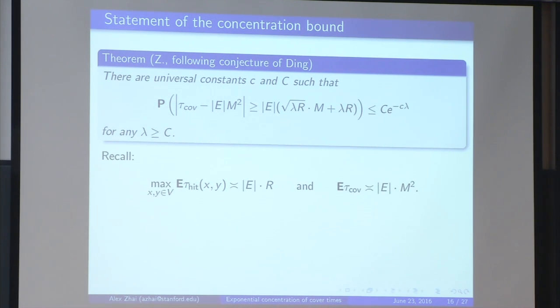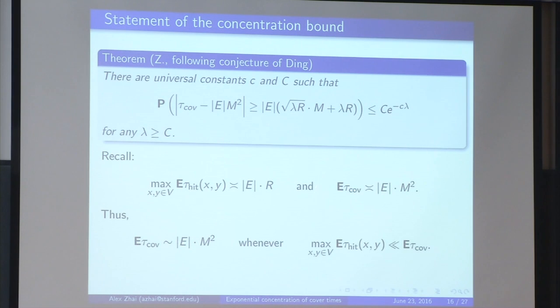So the condition that root r is much less than m is more or less the same as the condition that the hitting times are all much less than the cover time.